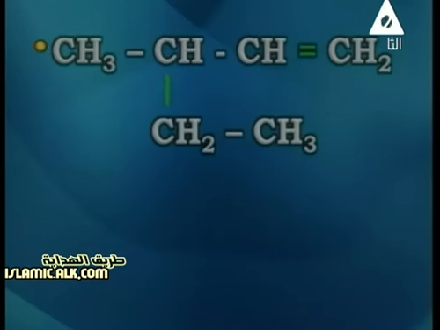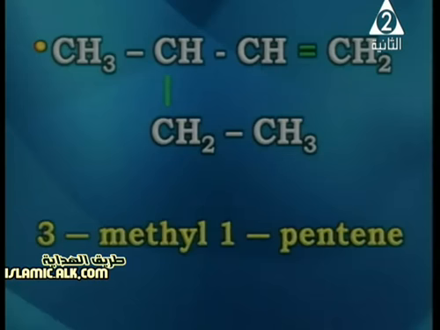Next one, here my dear student, if you look at this compound and you are going to name it according to the IUPAC system, here the longest chain is pentene, and we have 3-methyl in the chain, which is 5 carbon atoms.